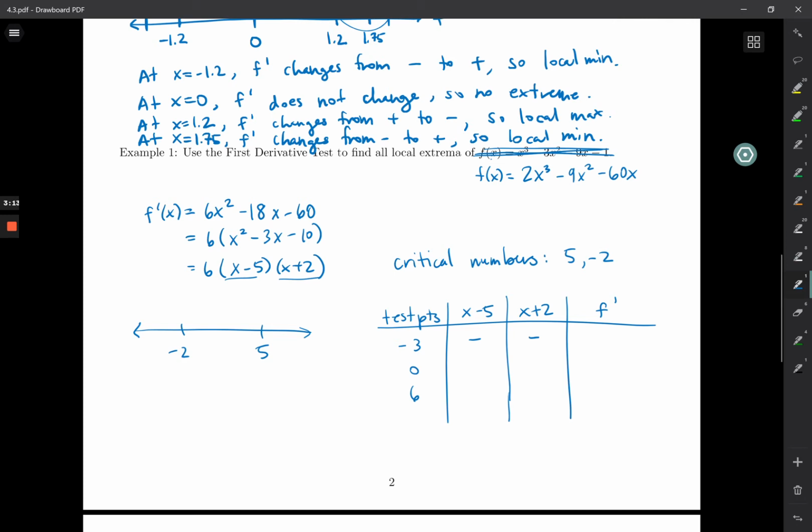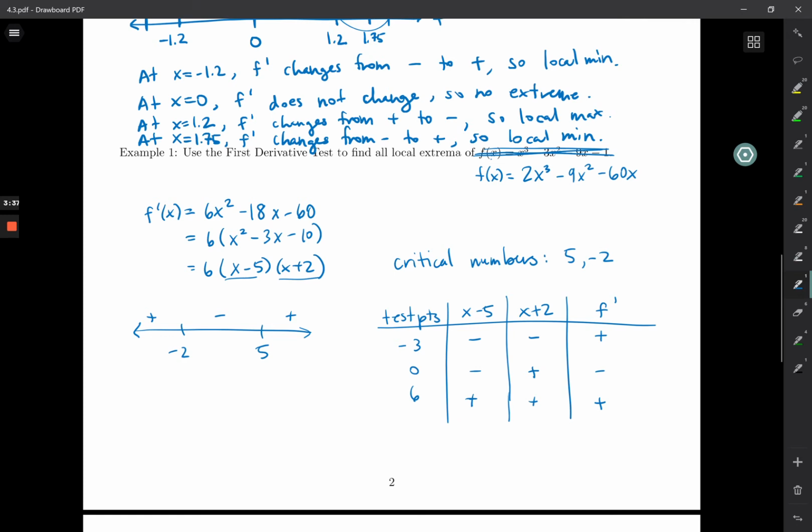At 0, we would get negative and positive. And then at 6, we would get positive and again positive. So we get positive, negative, positive. And so we can go ahead and put those on our chart. So we would get positive, negative in the center, and then positive.